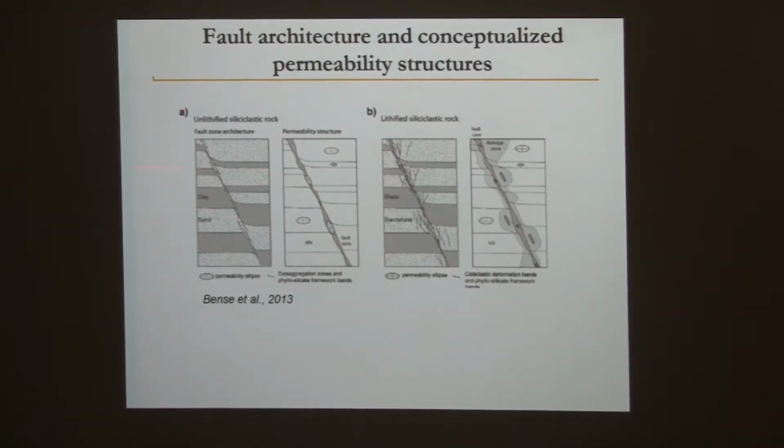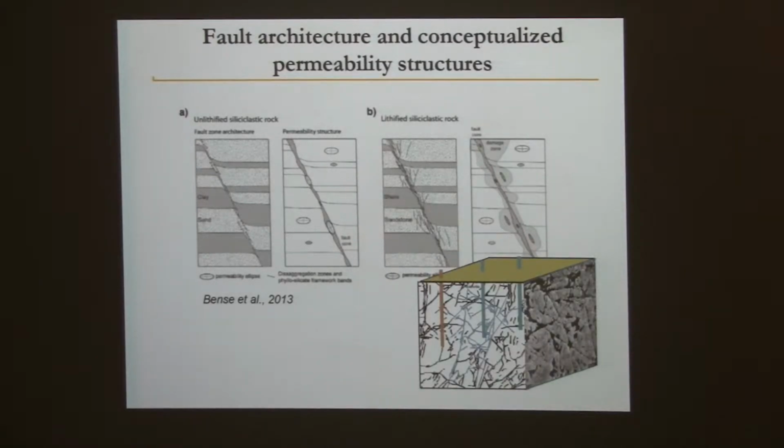And you can see that in that case it's very localized deformation, while here you have more damage all around, and then what you expect is more permeability developed within the fault, while here you may have some permeability development all around the fault zone, depending on the geology and the conditions.